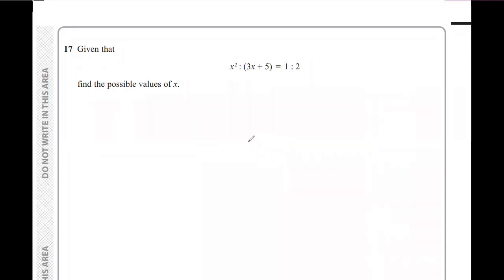You can do x squared, and then should you factorize the brackets? Okay, so what should I do then? This means this ratio is equal to this ratio.